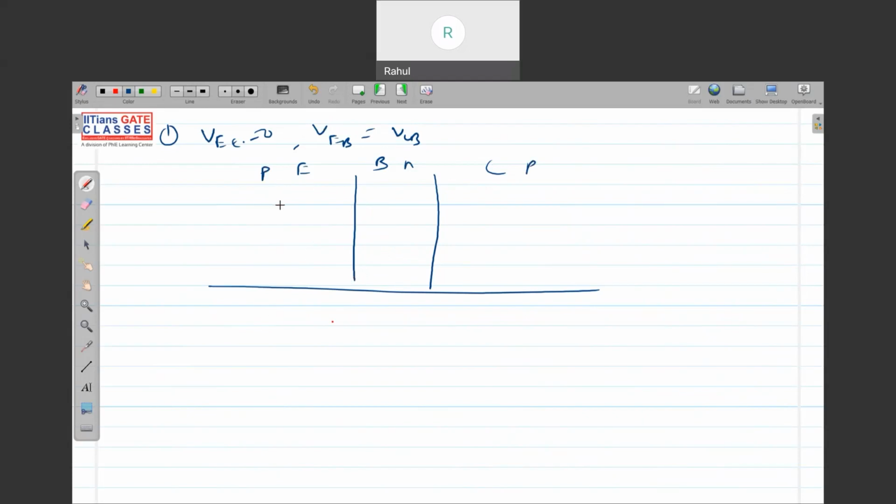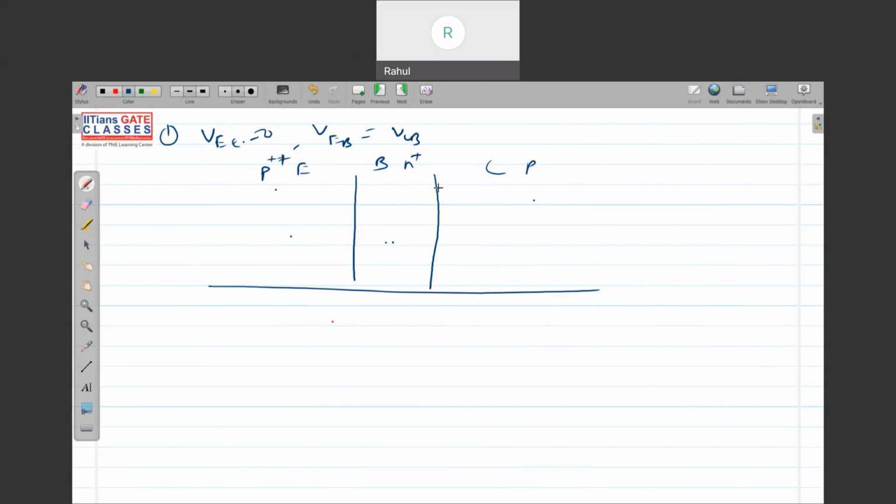The holes will be injected from emitter to base and the holes will be injected from collector to base. Both are forward biased, and also the electrons will be injected from base to emitter and base to collector. You see, the doping of the emitter is much more than the base, and the collector is lightly doped compared to the base and emitter.